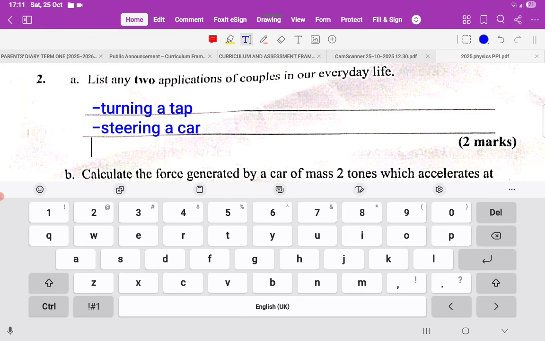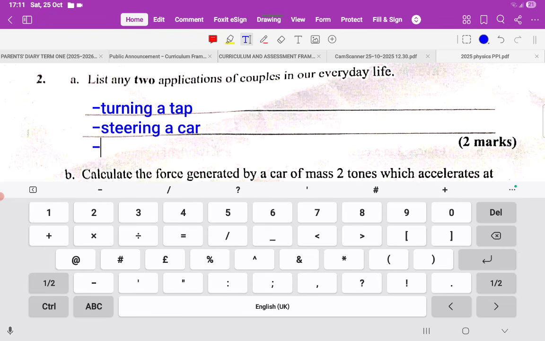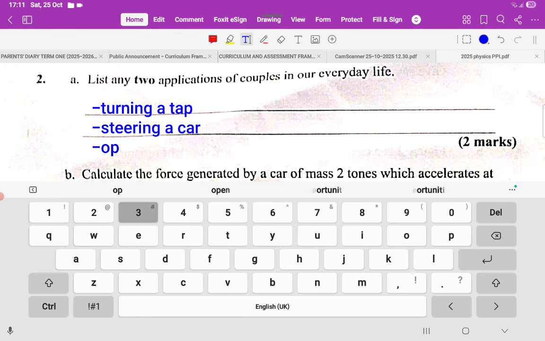Let's suppose you also want to open a jar lid, a lid from a bottle. So you also need to apply a moment, a couple of forces, to open.